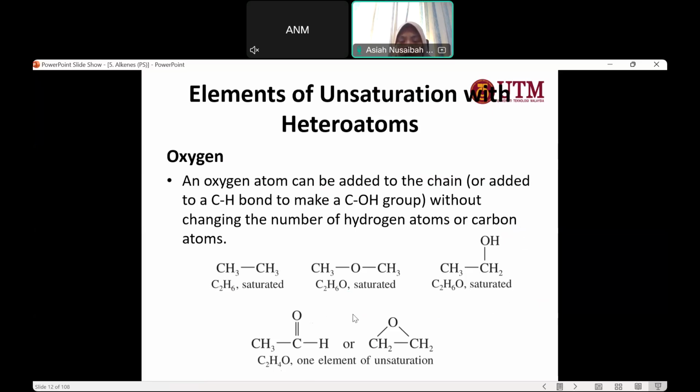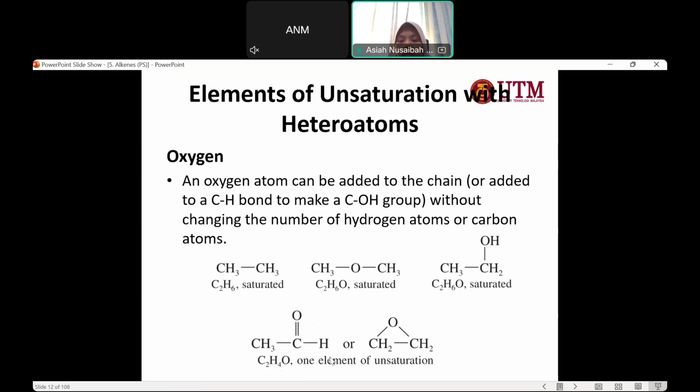Let's see the bottom. We have CH3CHO, so we have a double bond. There is the presence of one element of unsaturation. There's another one which is cyclic, C-O-C. But if we notice here, the number of hydrogen has reduced. In the top 3 structures, the number of hydrogen when having 2 C is 6, so C2H6O each.